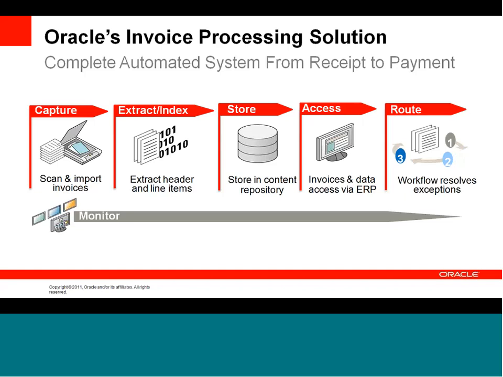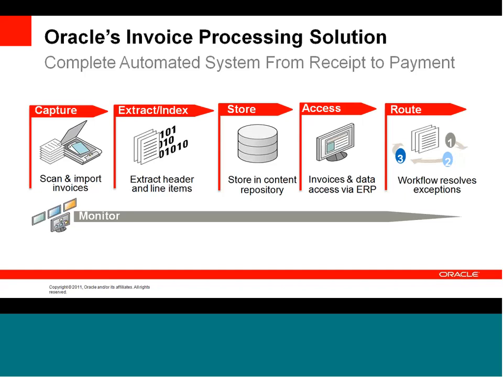And then again, we'll focus in more detail on that in a couple of seconds as we drill down into these components. Once we've extracted that information, we'll use the information that we've extracted to index and store that image in a central repository where now it's searchable, it's secure, and it's accessible from multiple touch points, whether it's our standard browser interface or it's accessed through the ERP system, in this case, eBusiness Suite.